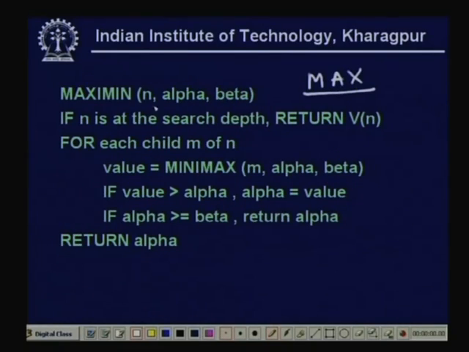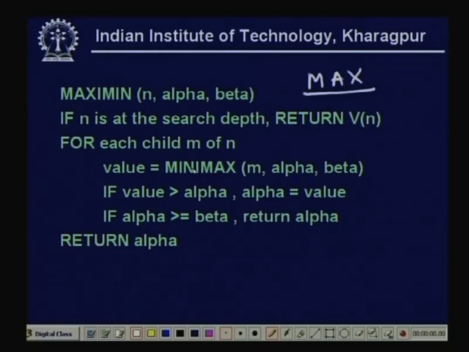Maximin takes as arguments n, the node, and the current alpha and beta values. If n is at the search depth, we have reached a leaf, then we return the V of n. Otherwise, for each child m of n, each child of max will be a min node. Its value will be computed by recursively computing minimax m, alpha, beta. Now, if this value returned is greater than alpha, then we set alpha equal to value.